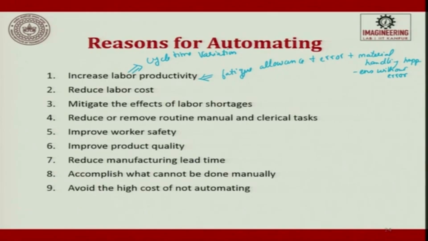Then once you have automated it, you can also see the labor cost going down. Today the labor cost is very high even in third world countries like India. Then, mitigate the effects of labor shortage. In many of the developed countries, there is a shortage of labor, and even today in countries like India and China, which are highly populated, in certain skill levels we still have a shortage of people.